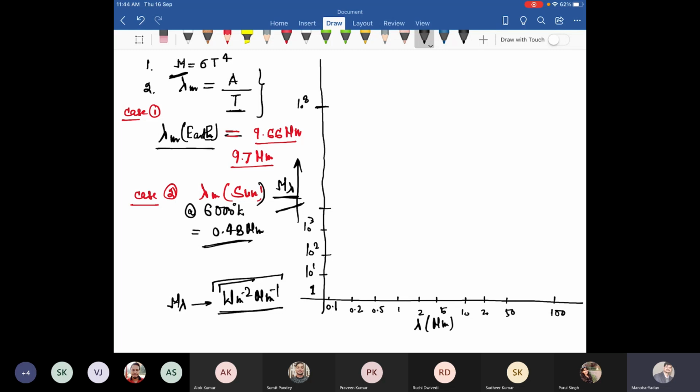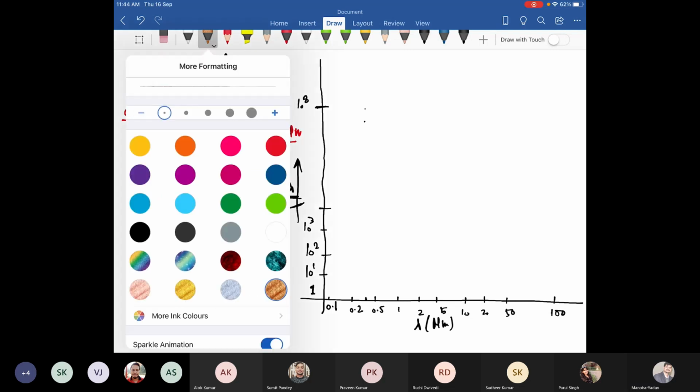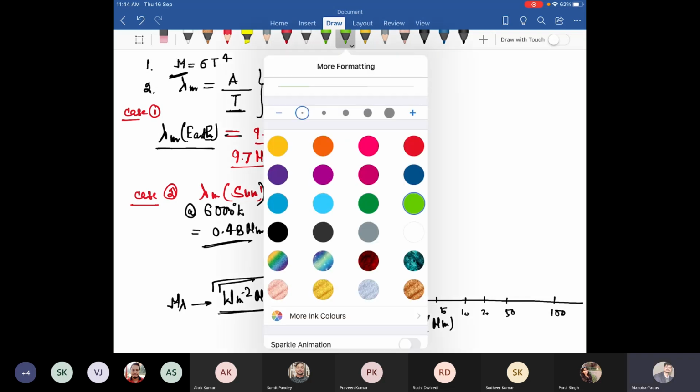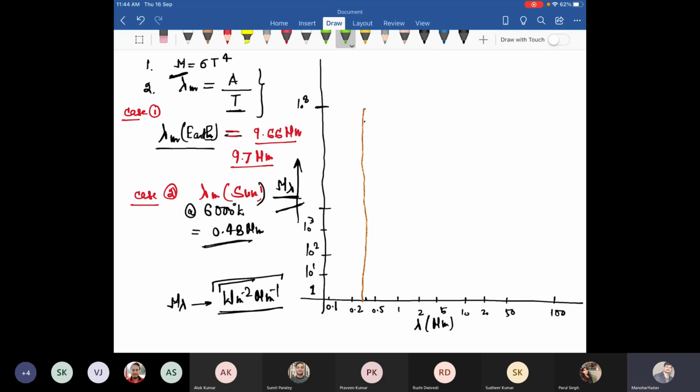So it will lie somewhere here. So this is the point, this is the line. This line indicates 0.48 micrometer. This is the line of maximum energy. Okay, so this will be the peak.